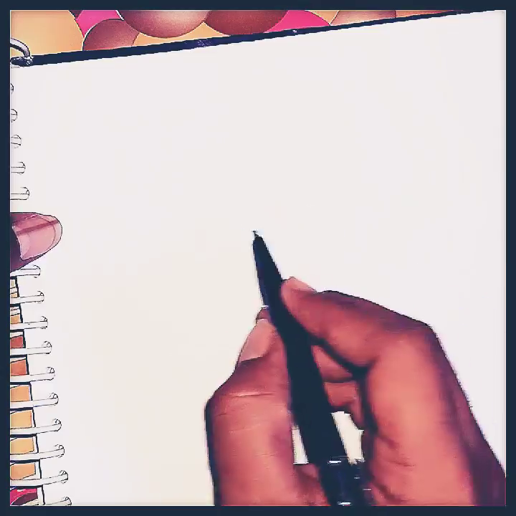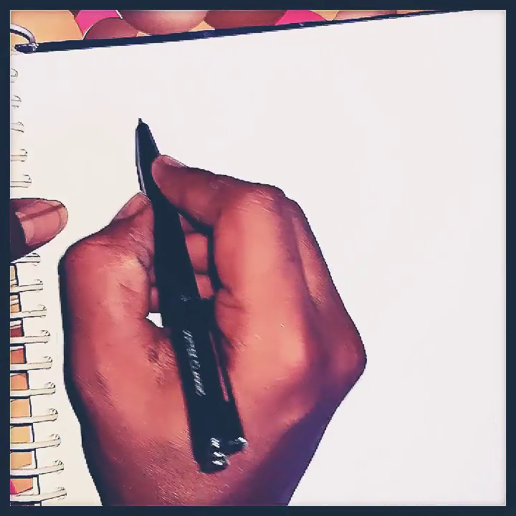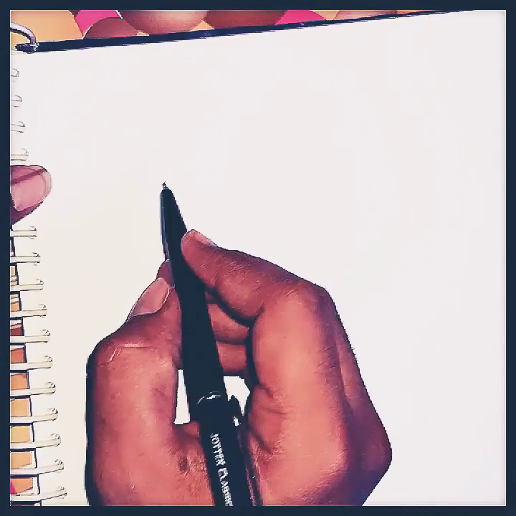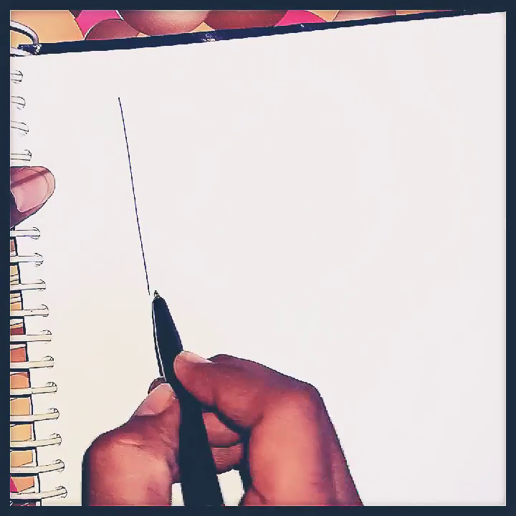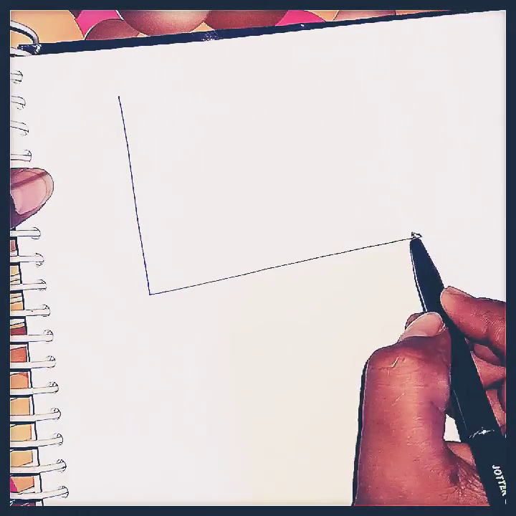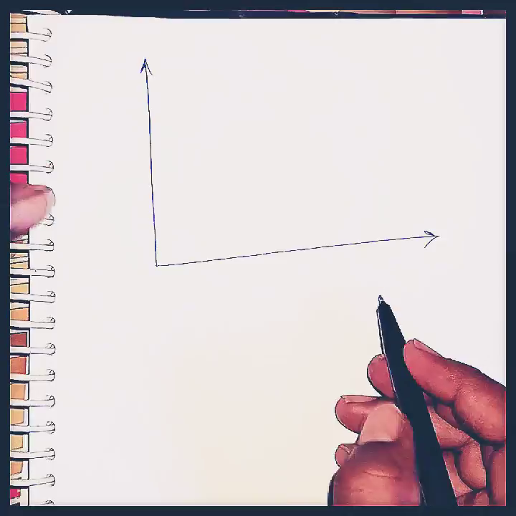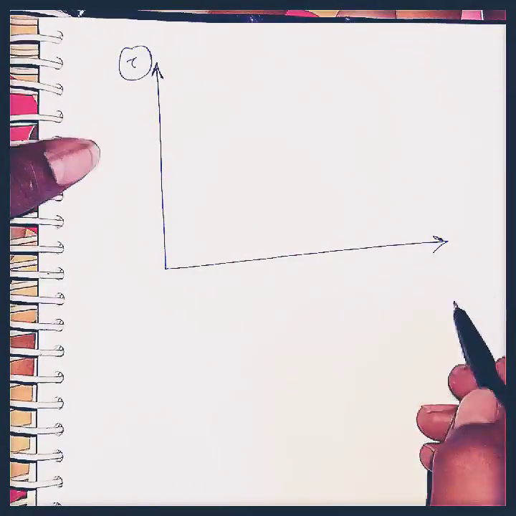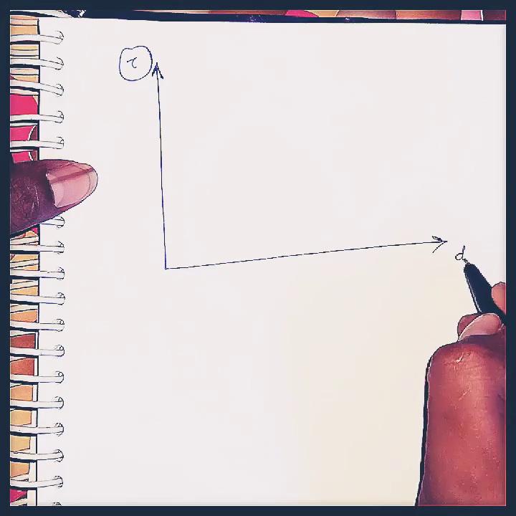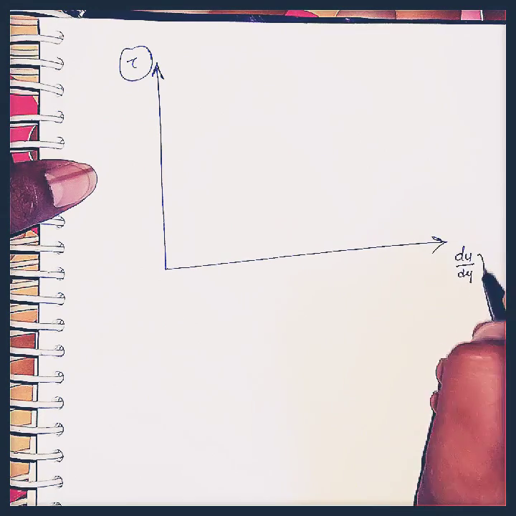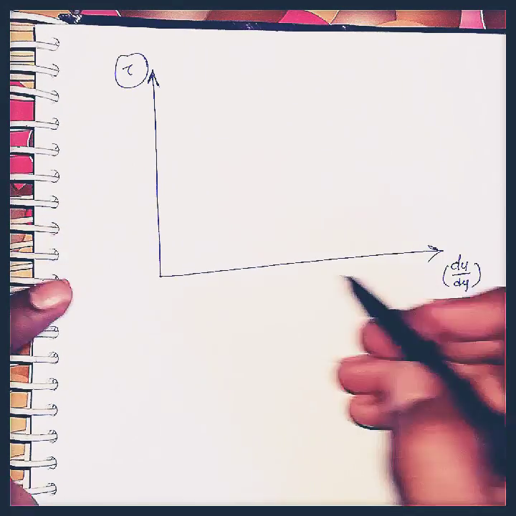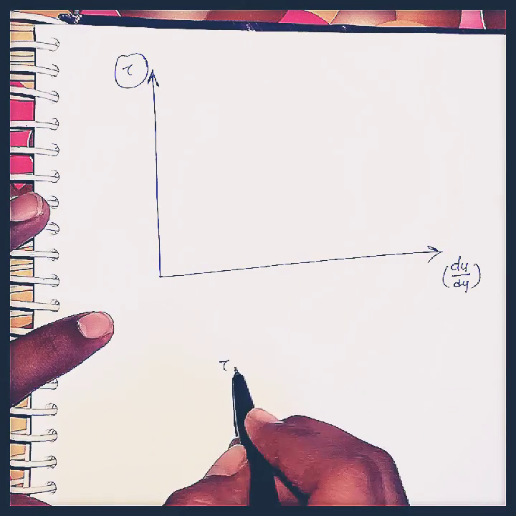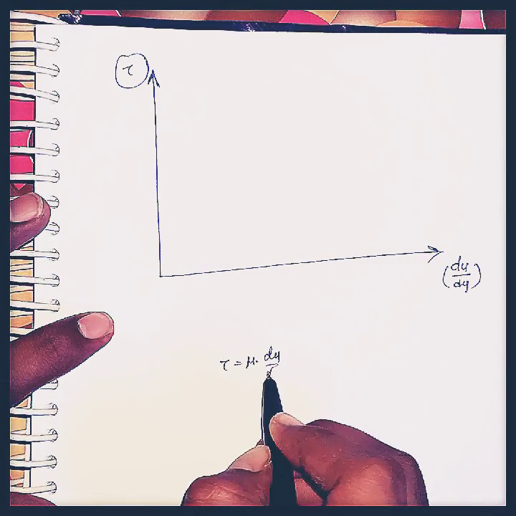And if we draw a graph for these time independent and time dependent fluids, let us consider horizontal and vertical axes like this. On the vertical axis we are taking shear stress, on the horizontal axis the rate of shear strain du by dy. For Newtonian fluids, tau equal to mu into du by dy.